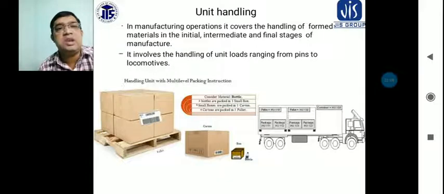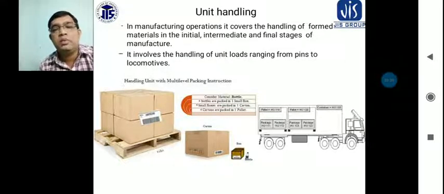Another thing is unit handling procedures, which will be included in the materials handling procedures. In manufacturing operations, it covers the handling of formed materials in the initial, intermediate, and final stages of manufacturing. Basically, the material is transferred fully from the initial stage to the final stage.